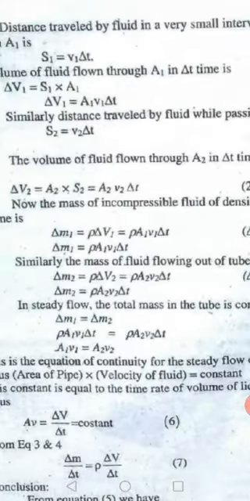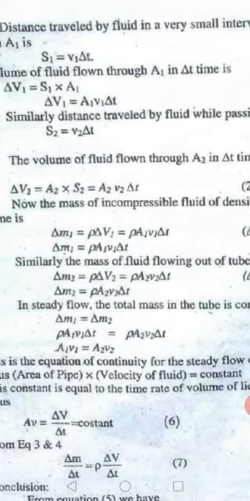As we know, density is rho, mass per unit volume. So for the mass, delta M1 equals rho delta V1. We already derived the value of delta V1, so we put it in.